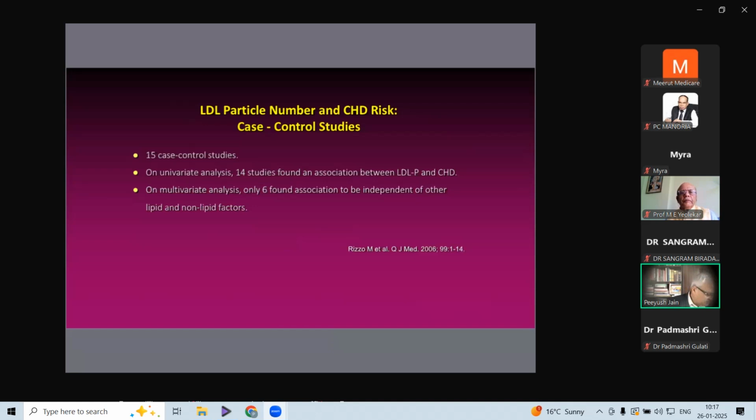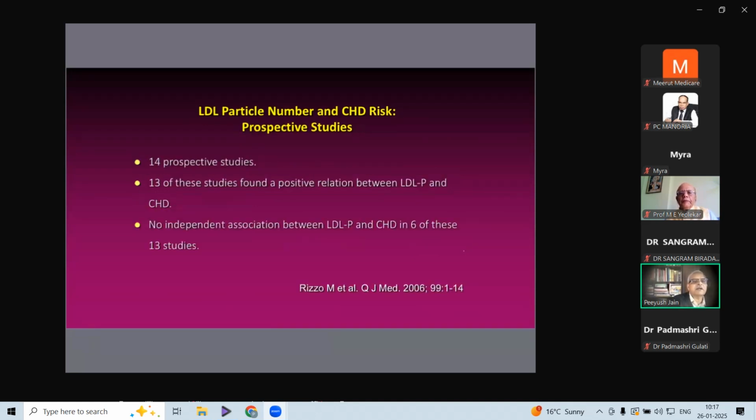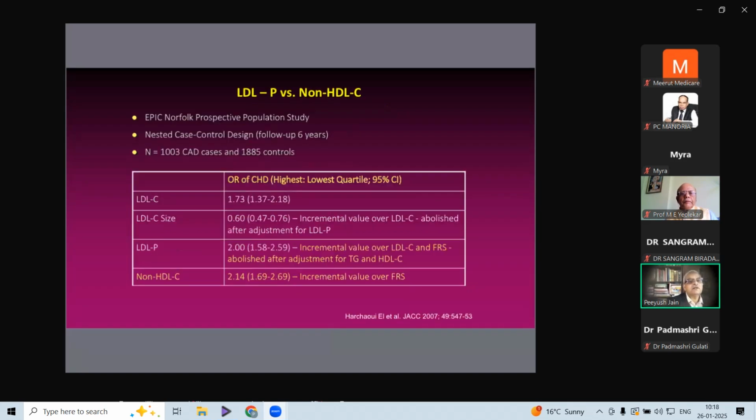What about LDL particle number? Once again there are case control studies and prospective studies, and overall there was no independent association between the number of LDL particles and coronary heart disease in at least half of the studies. The number of LDL particles can be measured only by NMR, which is a research tool and not something which should be done in clinical practice.